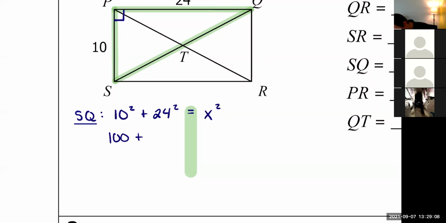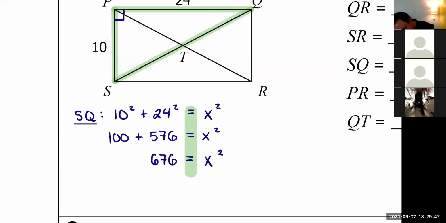Shoot, 576. I was way off. 24 squared is 576. Well, I'm gonna believe you until someone proves me wrong. 100 plus 576 gives me 676.